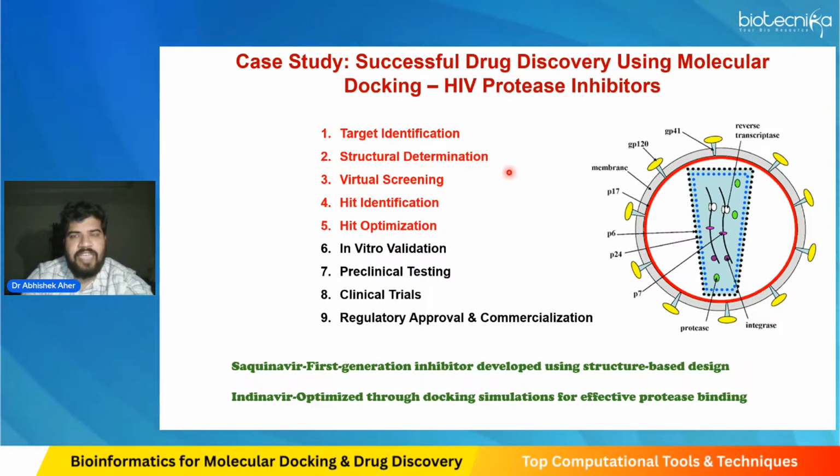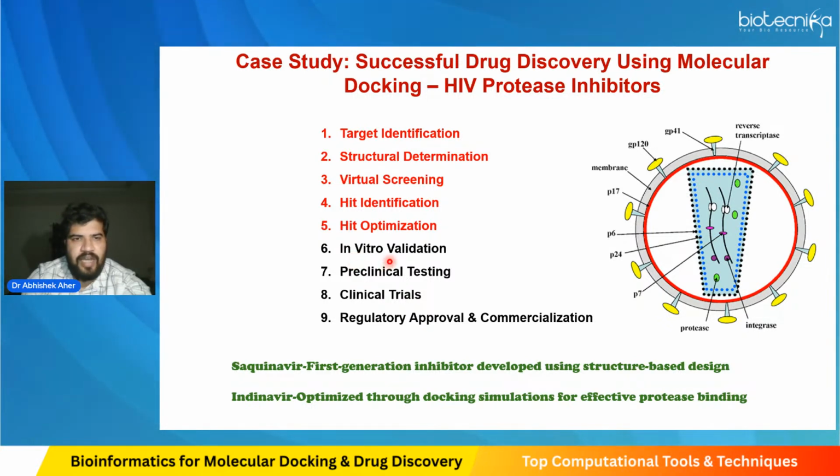For this HIV protease, people have done a lot of virtual screening, and in that virtual screening, they found one of the molecules, saquinavir. They further optimized this molecule, and the optimized molecule went ahead with in vitro validation, where they found it showing good results and reducing the plaque formation of the HIV.